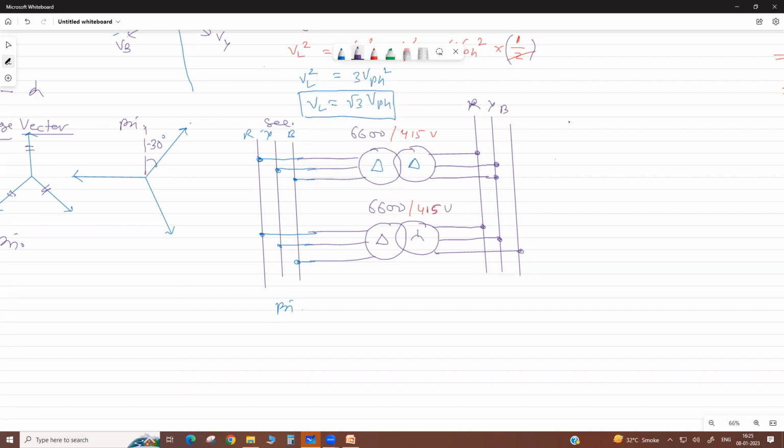But if you compare the R phase of transformer 1 and the R phase of transformer 2, this line voltage lags with this. There is a phase difference.